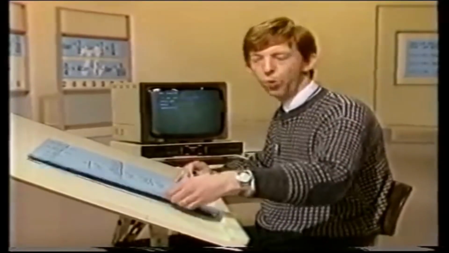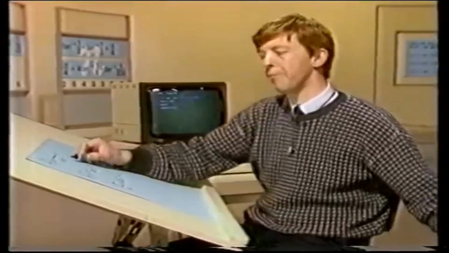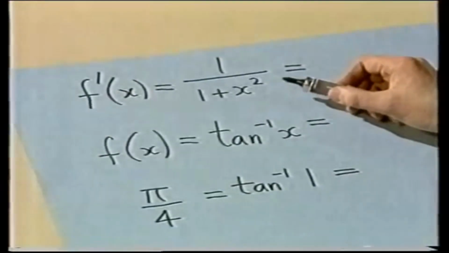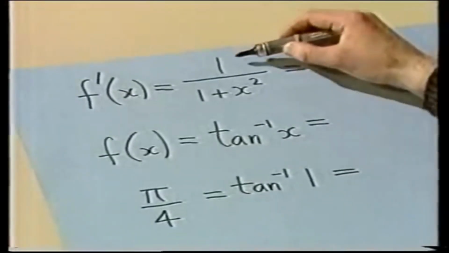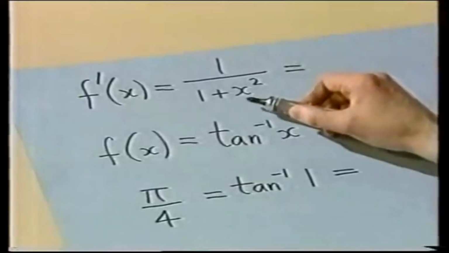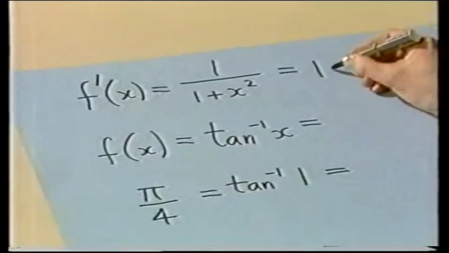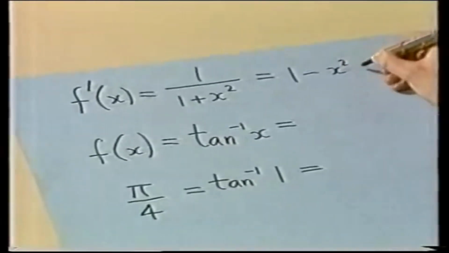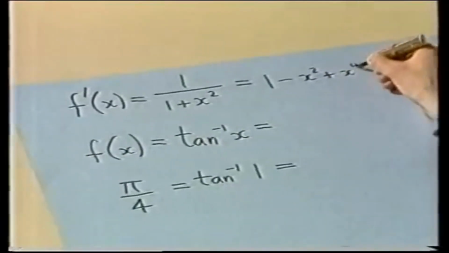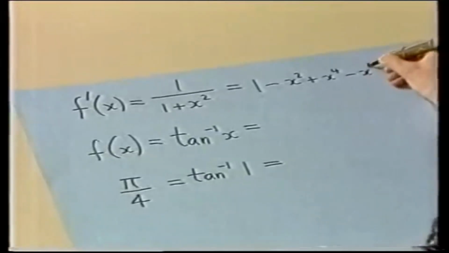Well, for this function, there's a special trick we can use. The derivative of tan to the minus 1 x is 1 over 1 plus x squared. And that's the sum of the geometric series which has first term 1 and common ratio minus x squared. So it's 1 minus x squared plus x to the 4th minus x to the 6th, and so on.